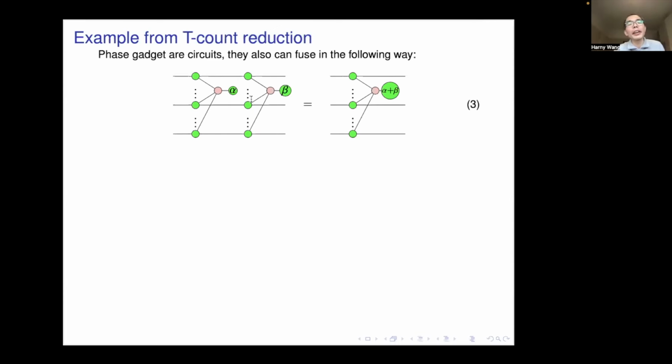If two phase gadgets act on the same wires and have the same shape, and the only difference is the angles, then they can fuse, like green spiders. They fuse to be a new phase gadget with the same shape, just with the angles summed up. That's how you fuse phase gadgets. It's very simple.